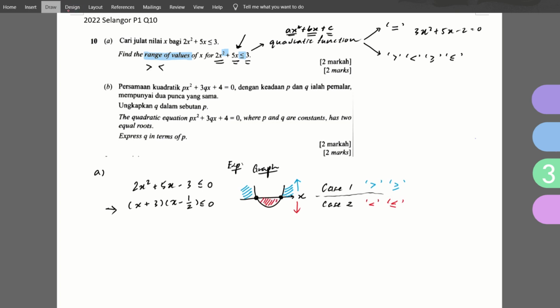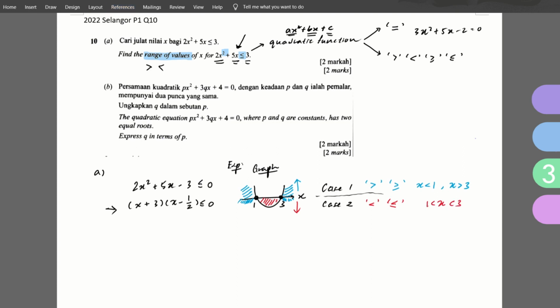So let's say our root values are 1 and 3. Our answers would be, for case number 1, x is less than 1 because all the values here are less than 1, and x more than 3 because all the values here are more than 3. For the second case, we would write x is between 1 and 3.